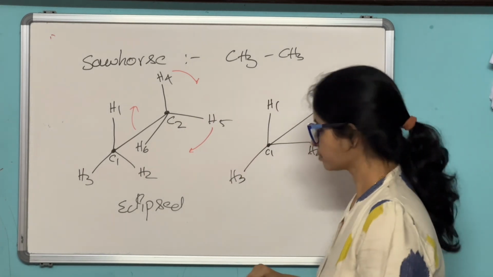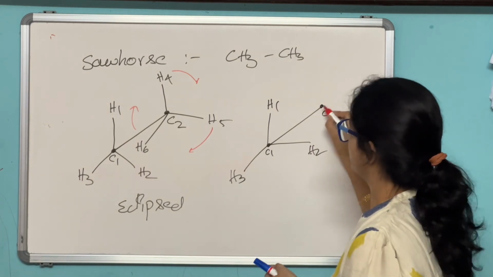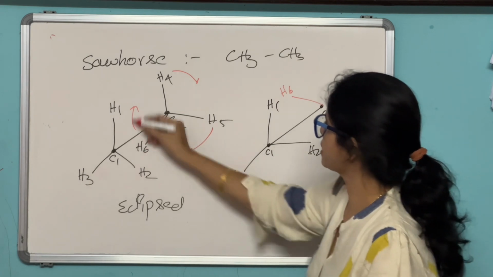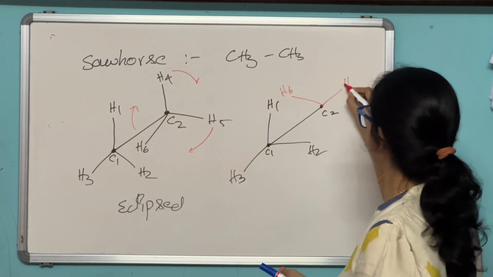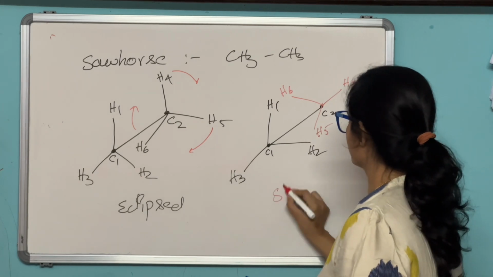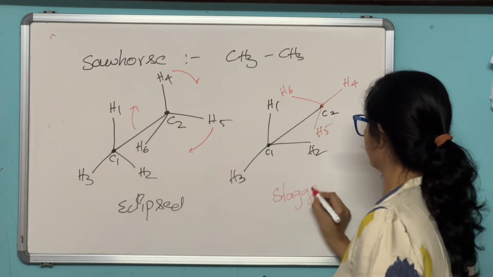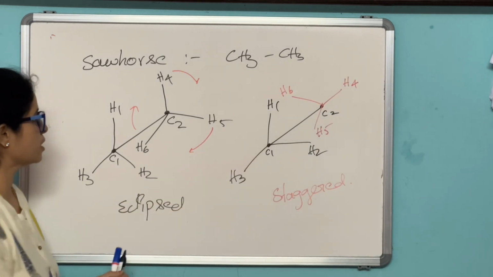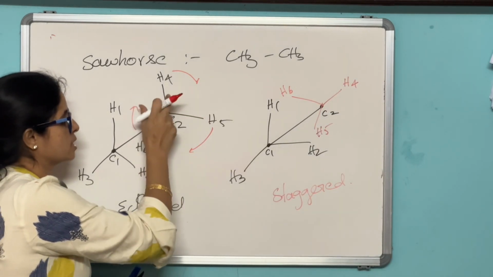Here is your H6, and here is your H4 and here is your H5. This is the staggered form. Clear? You have just rotated the back carbon by 60 degrees.